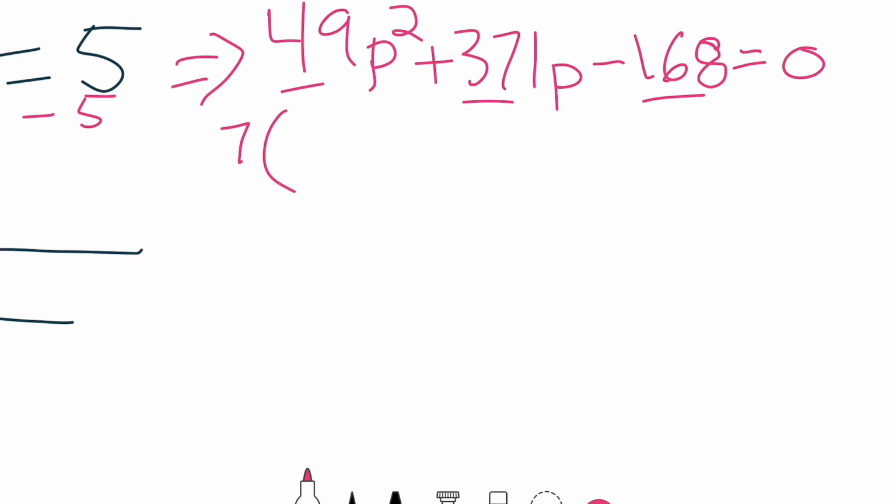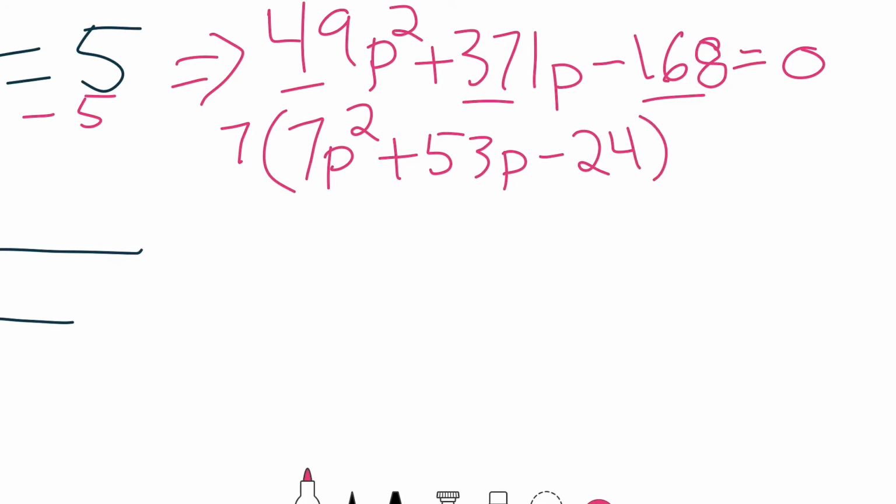So 49p squared divided by 7 gives you 7p squared. Positive 371p divided by 7 gives you positive 53p. And then you have negative 168 divided by 7, which gives you negative 24.